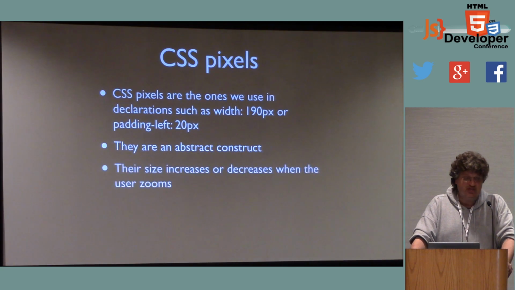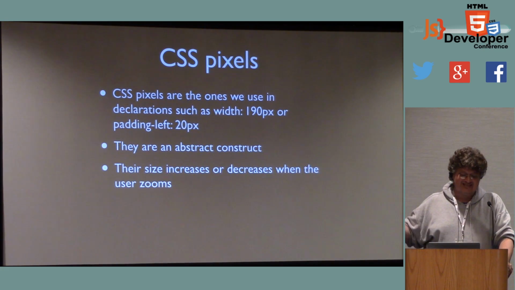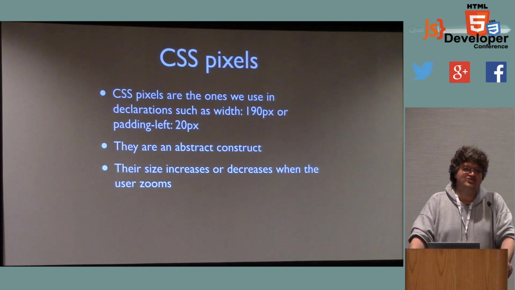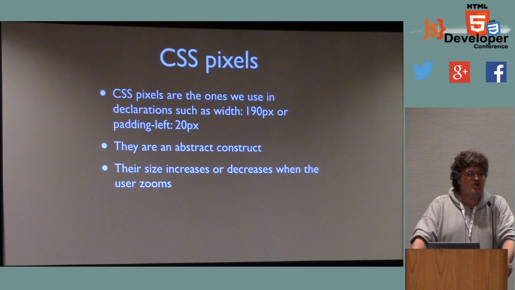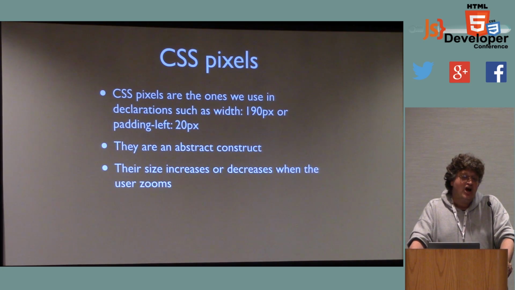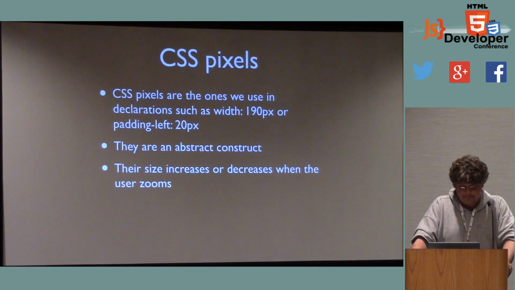Especially when it comes to zooming, because the trick of CSS pixels that we'll refer to later in this presentation is that their size increases or decreases as the user zooms. Now on desktop, zoom is not so very important. On mobile it's hugely important because people zoom all the time.